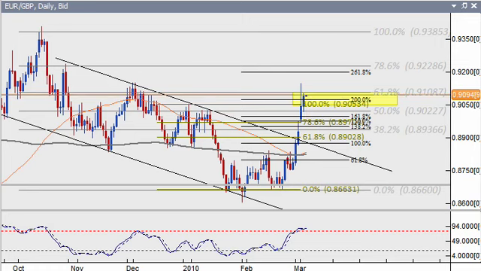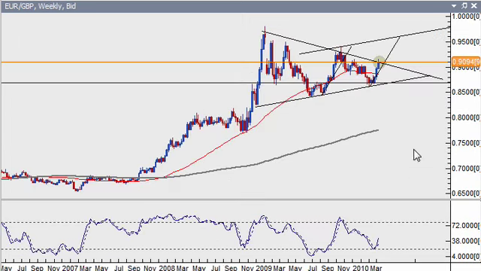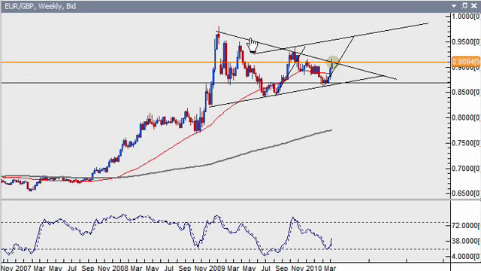But if you look at the weekly time frame, you see that the market is basically testing the resistance of a triangle. Here, this triangle pattern was held up, the support held up, and now it's testing the resistance. So if the resistance breaks, we may have a swing projection to the 0.96 area, which is a start of a new upward channel.